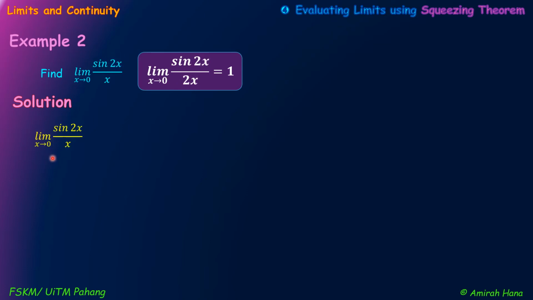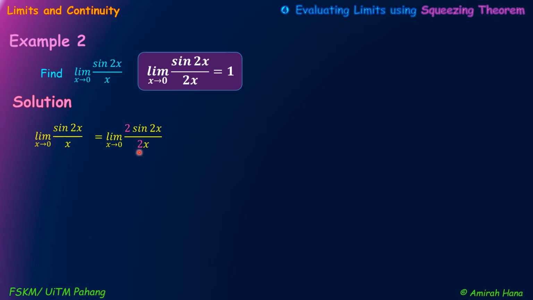From the given question here, we multiply both numerator and denominator by 2 because we want the denominator to equal 2x, right?